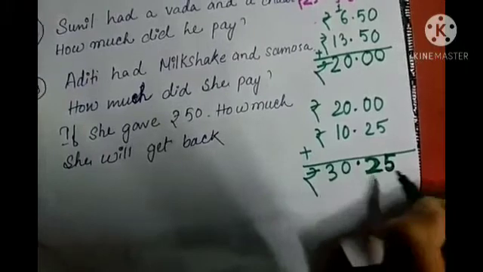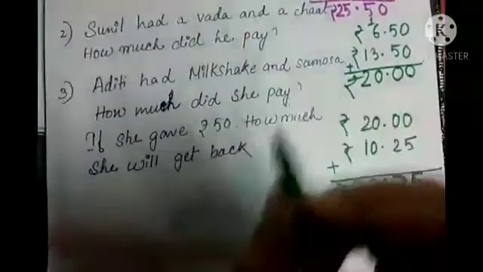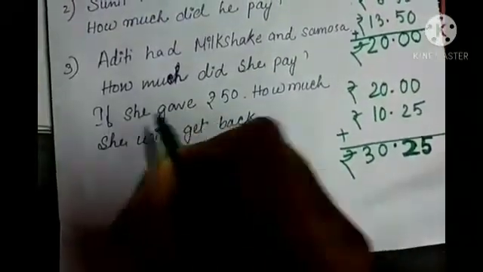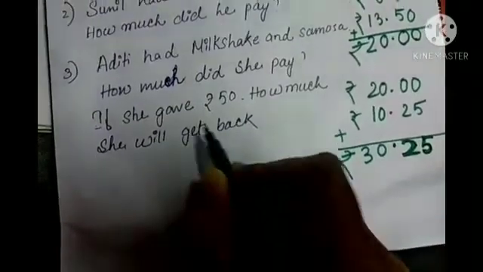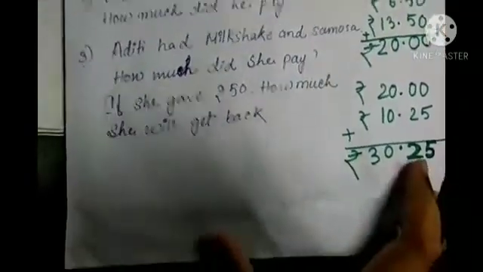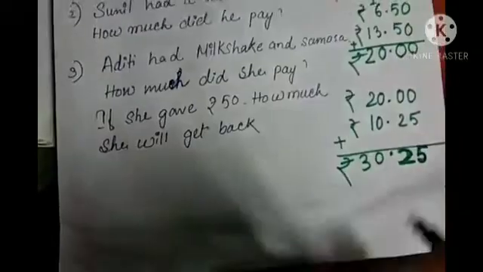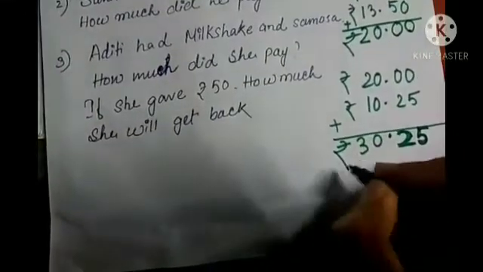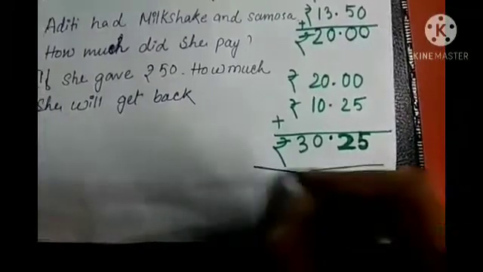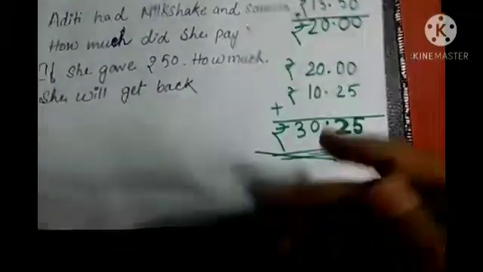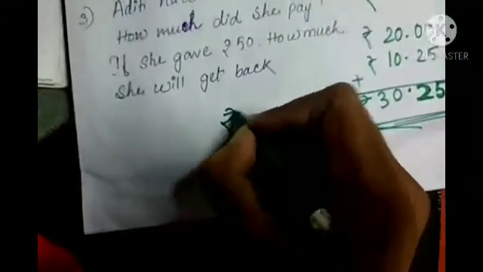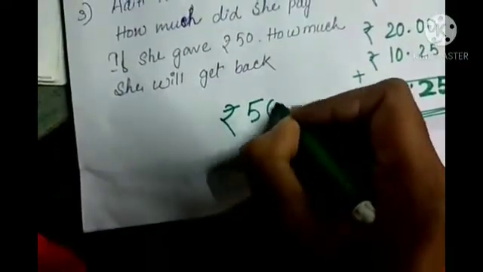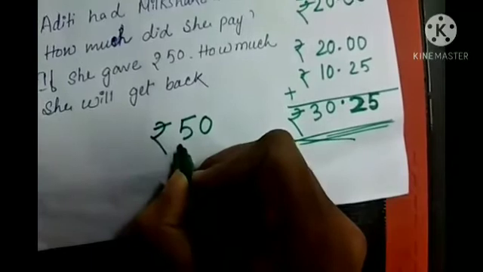That is 30 rupees 25 paise. Now it is asked, if she gave rupees 50, how much will she get back? She gave rupees 50 to the shopkeeper and her bill is rupees 30 and 25 paise. So how much money will she get back? For that we have to subtract the bill from the given money.